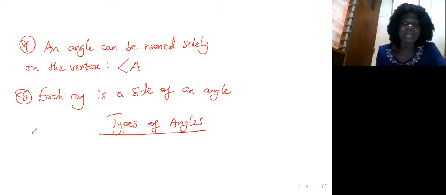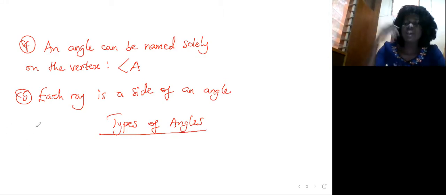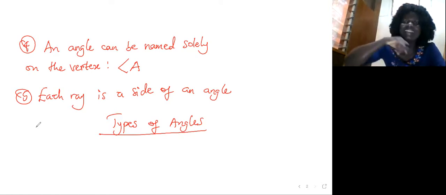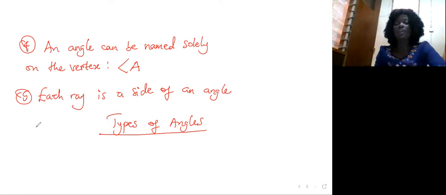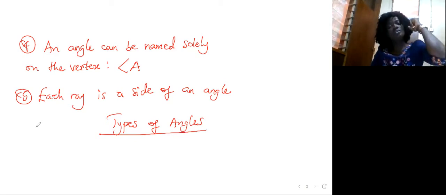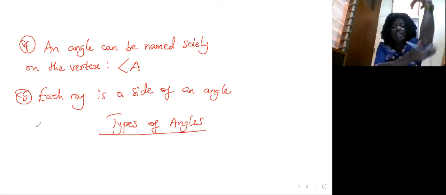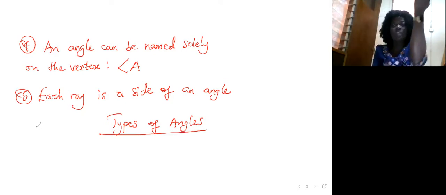The first type I will talk about is, during our previous lesson, I made some illustrations. When I do this, what did I say it's called? This is a ray, this is another ray, meeting at a point. So when I do this, an angle is formed.